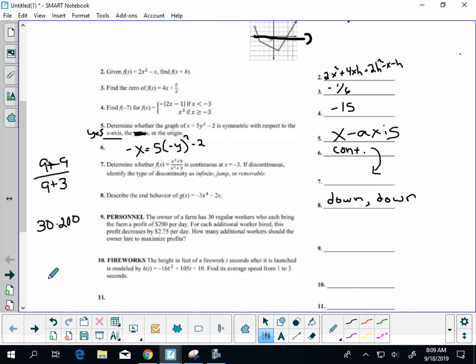But for each additional worker hired, that would be 30 plus x. It's going to decrease profits by 2.75 per day. So that would be 200 minus 2.75x.